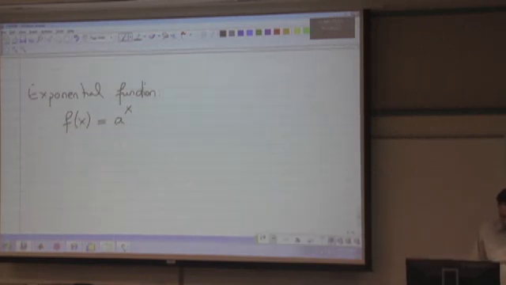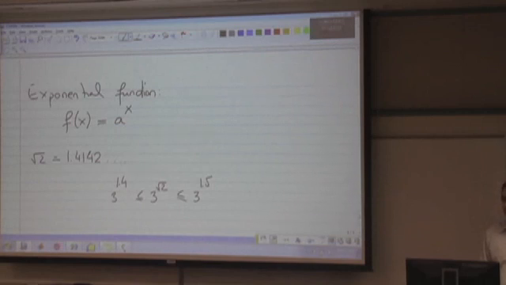So the idea is the following. I said I'm not going to talk about it, but let me say very briefly. The square root of 2, for instance, is 1.4142, and so forth. If I want to talk about 3 to the square root of 2, I can approximate that anywhere between 3 to the 1.4 and 3 to the 1.5, which I can evaluate. 1.5 is just 3/2: take the square root of 3, and then cube that.